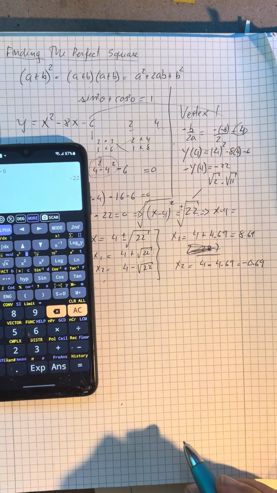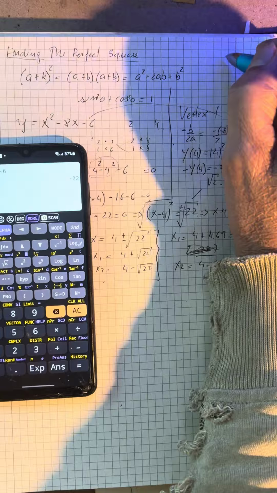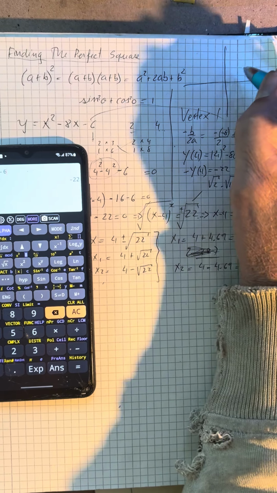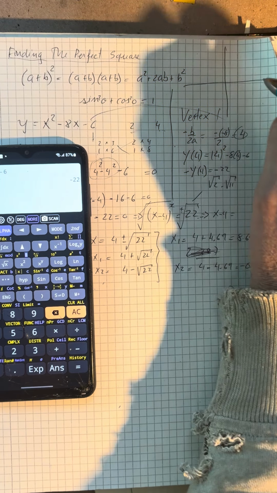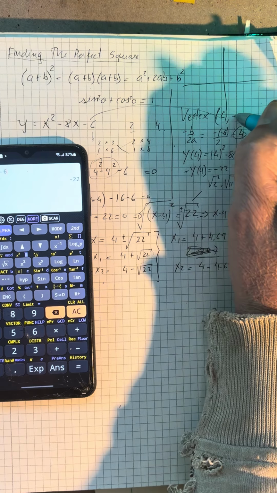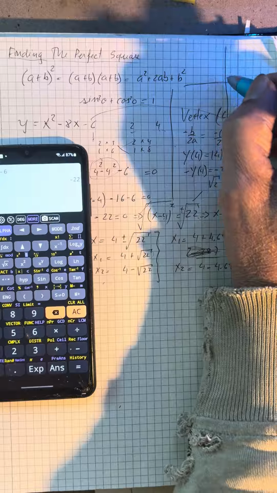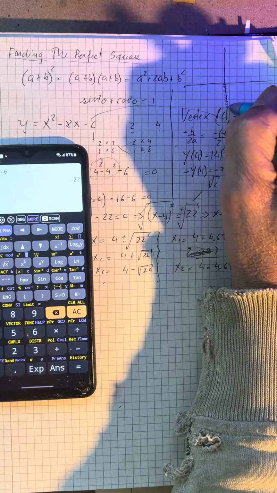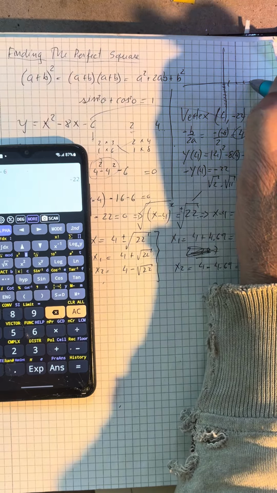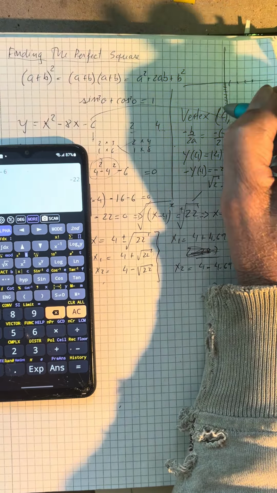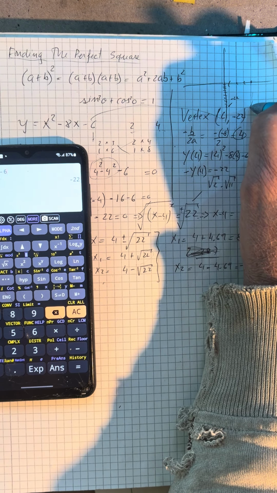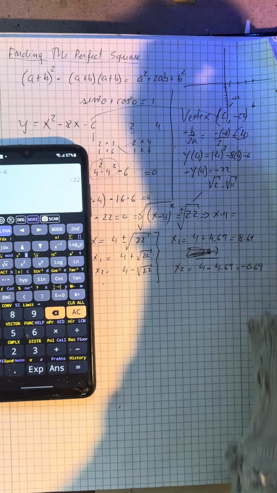So the graph for something like that would have a vertex situated at 4, minus 22. If we assume this is 1, 2, 3, 4, and that's where the vertex is, and assume this is minus 22, that will give us this point here.